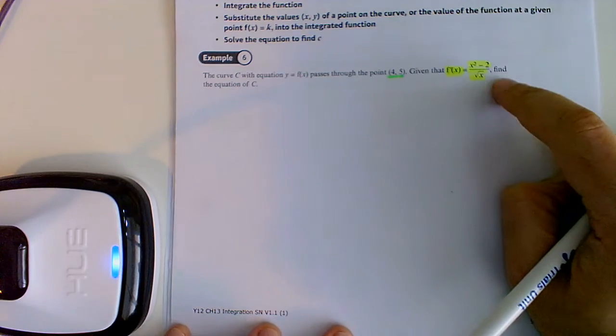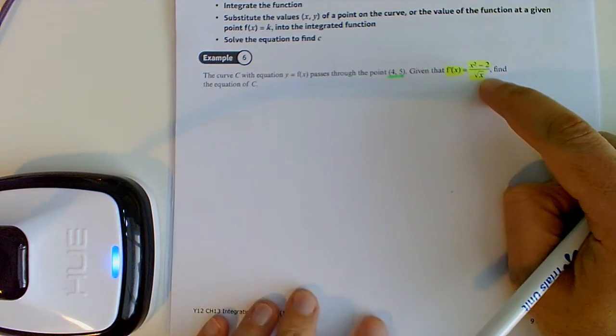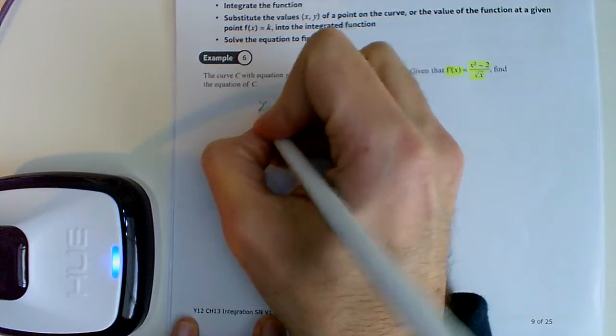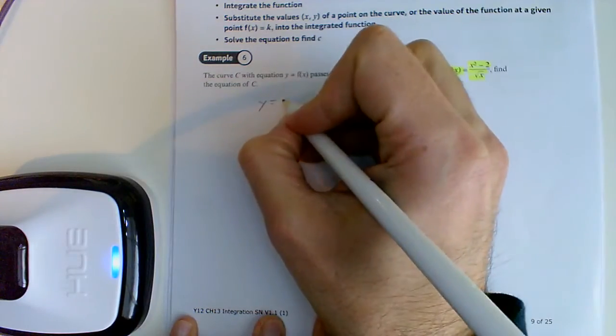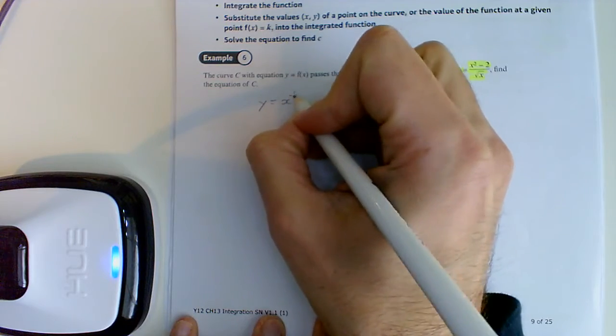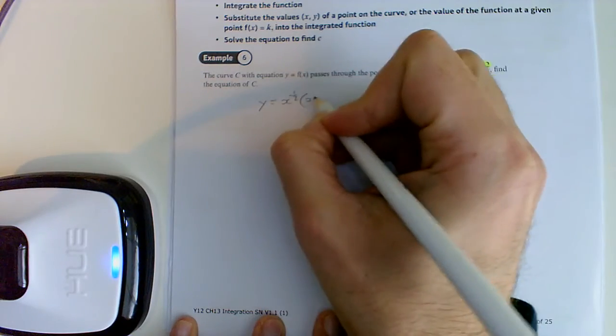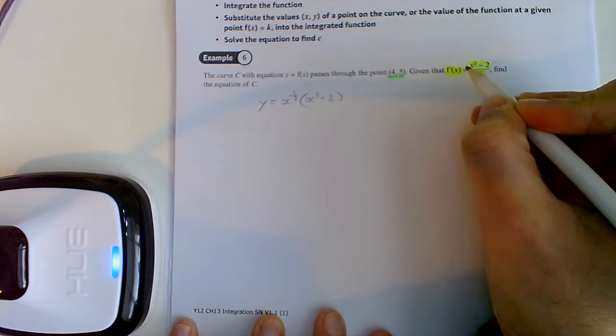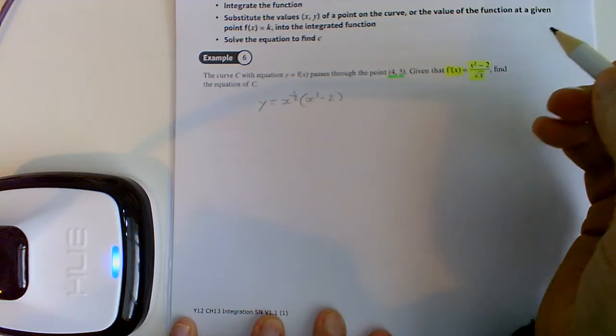The first thing that hopefully you've spotted is that I can't integrate that while it's written like that. So the first thing I have to do is write it as y equals x to the power of minus a half times (x squared minus 2), taking that root x from the bottom up to the top and writing it as x to the minus a half.